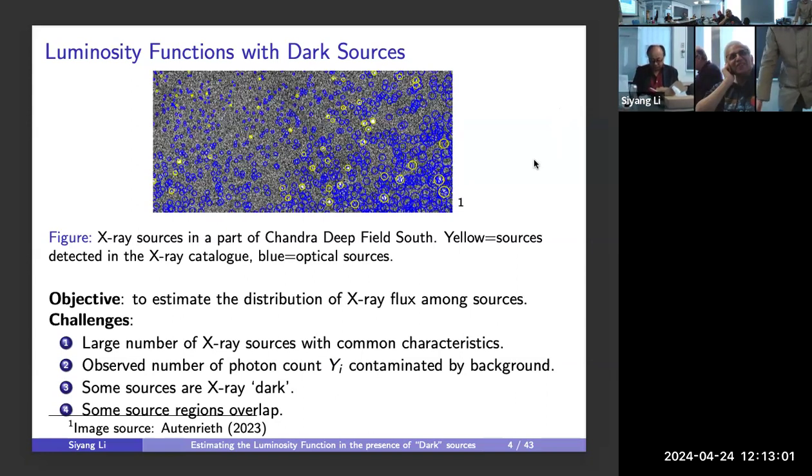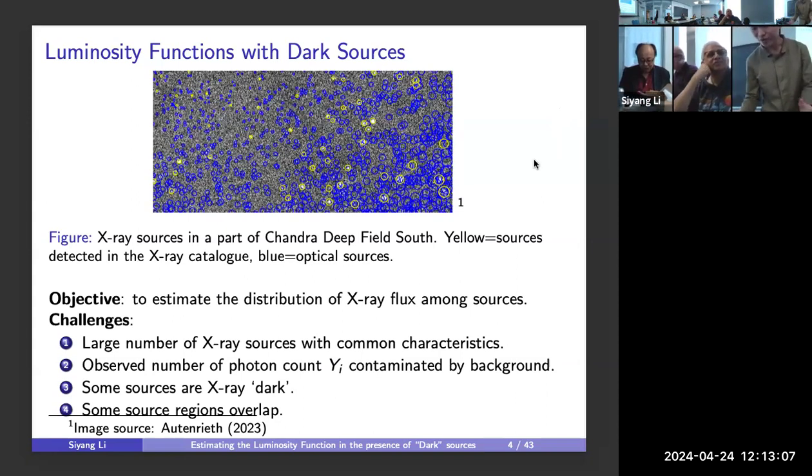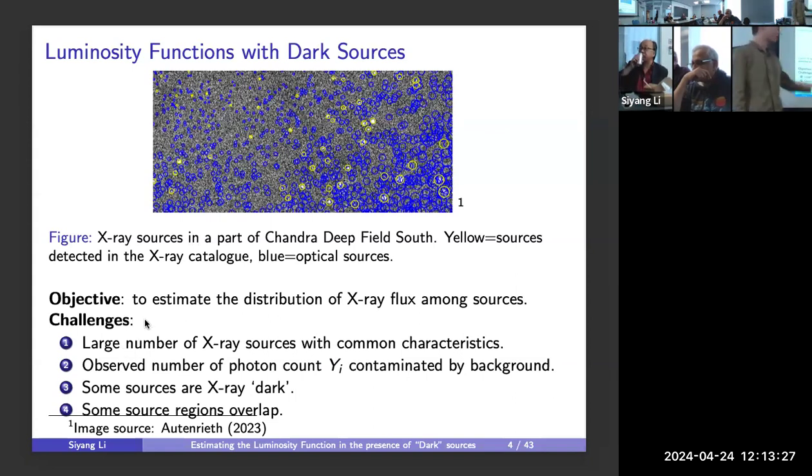The primary objective is to estimate the distribution of X-ray flux among a population of X-ray sources, but there are a few astrophysical challenges arising. The first is that, as you can see in this picture, there can be a very large number of X-ray sources in a population. And the second is that there's always the presence of background contamination.